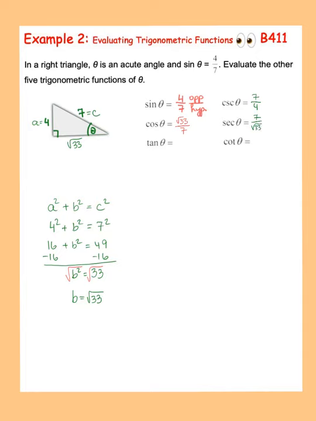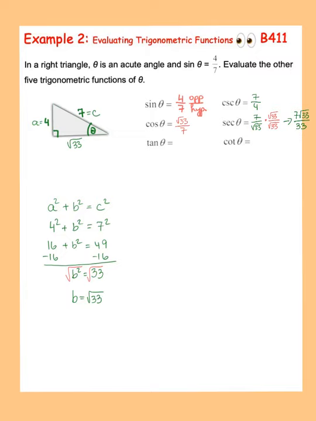However, we don't want to have a radical in the denominator, so to rationalize the denominator, I multiply top and bottom by square root 33, and I will get an answer of 7 square root 33 divided by 33.